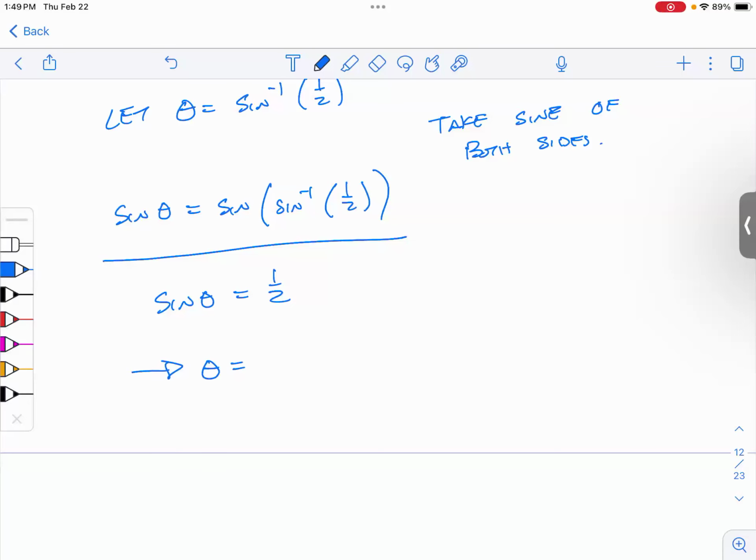And then sine theta equals 1/2. For what angle does that occur? Nope. Had a 50-50 shot, really. 5/6. 5/6.